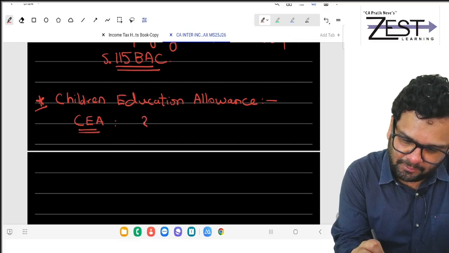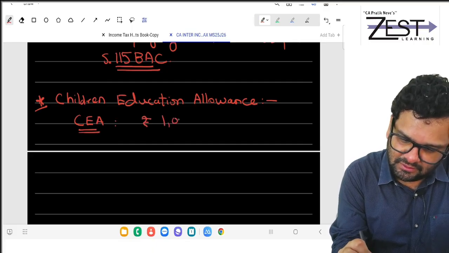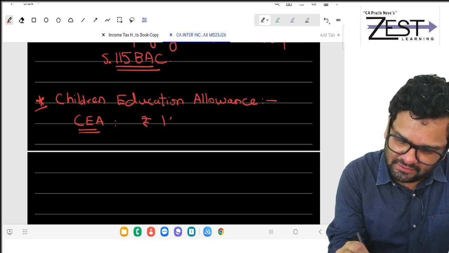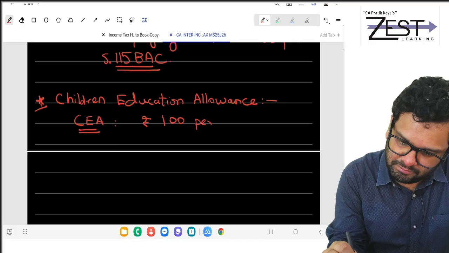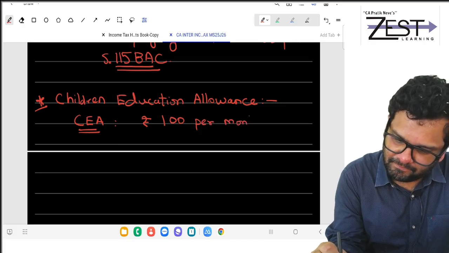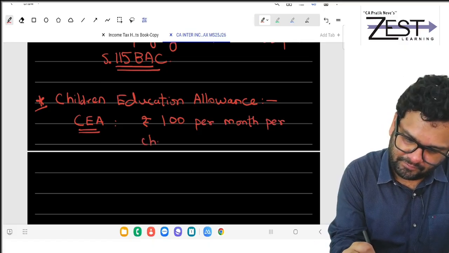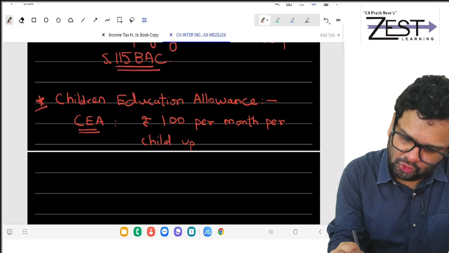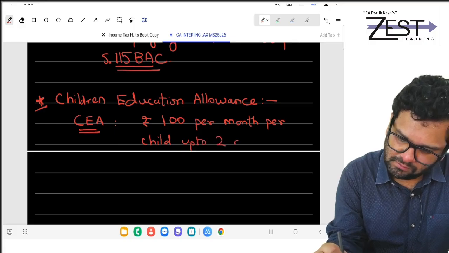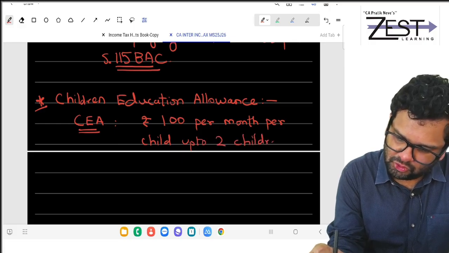It is exempted up to rupees 100, only 100, per month per child, up to 2 children.